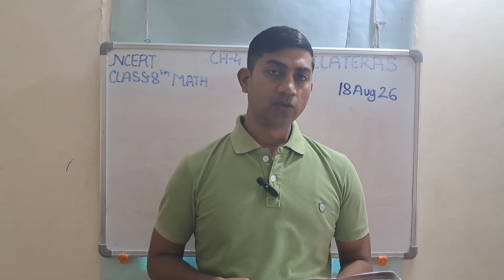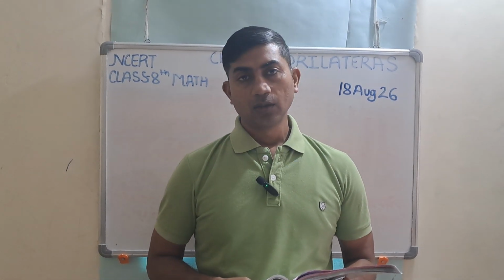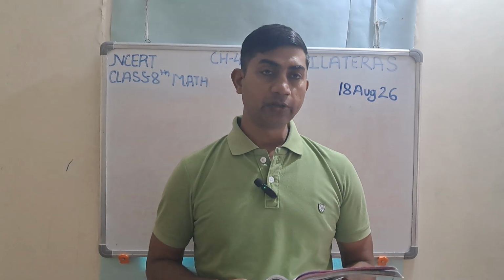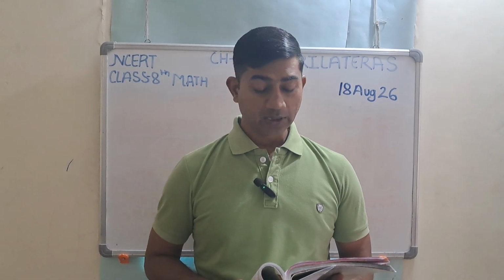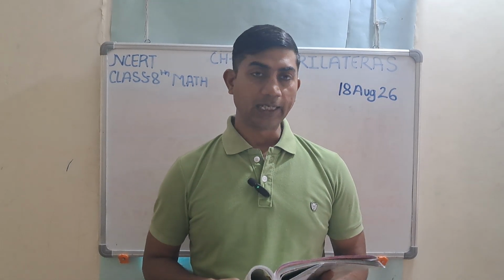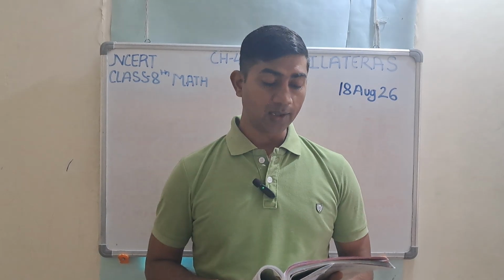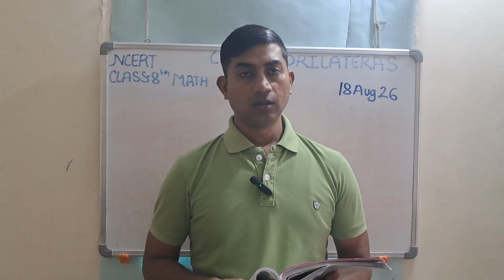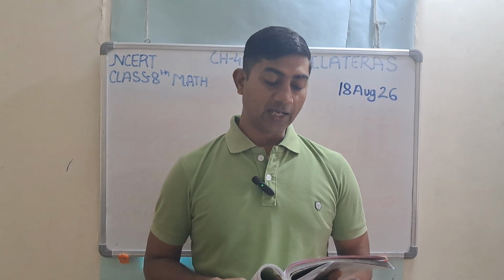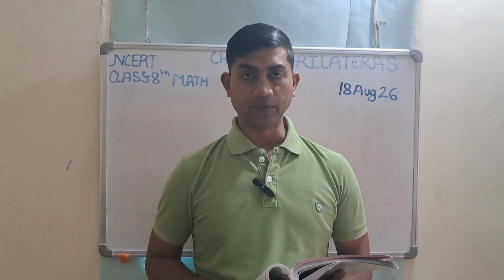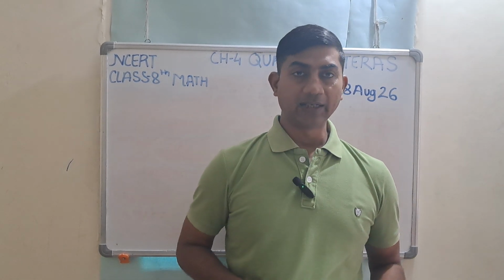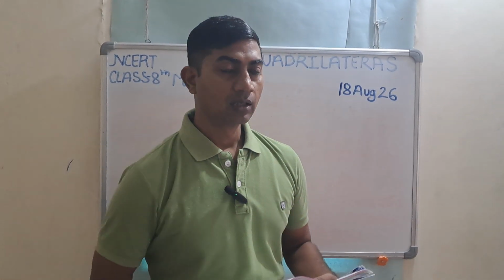Protractor means you need to measure. You should not be using a protractor, and we have to draw a square having diagonal 6 cm. Okay, I'll tell you the procedure.